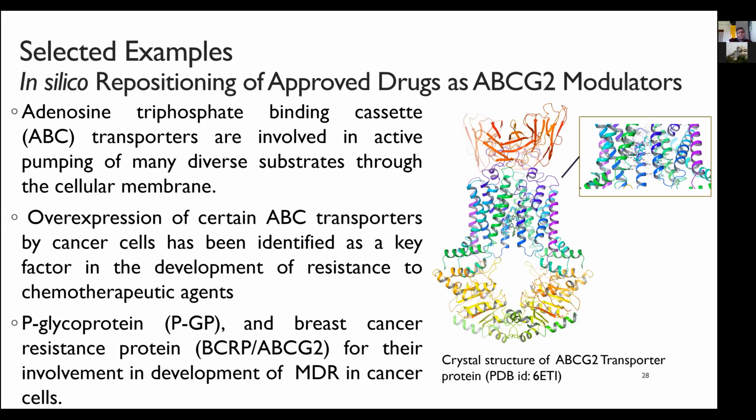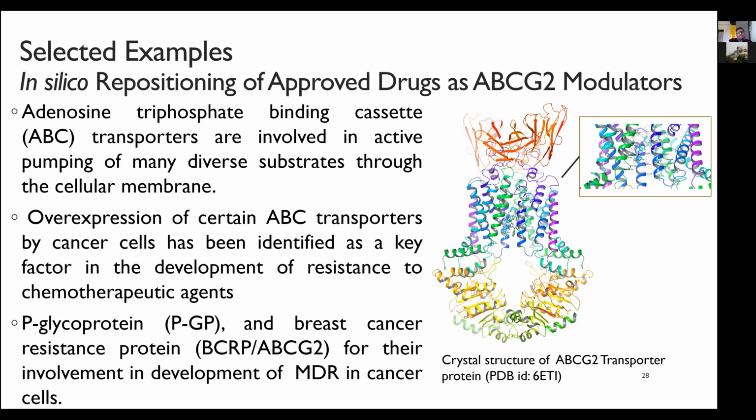There are two main types of ABC transporters. One is P-glycoprotein or PGP, and the other is the breast cancer resistance protein or ABCG2. They are involved in the development of multi-drug resistance in cancer because they can efflux the drugs. They will not allow the drug to build up cytotoxic concentration inside the cancer cell.